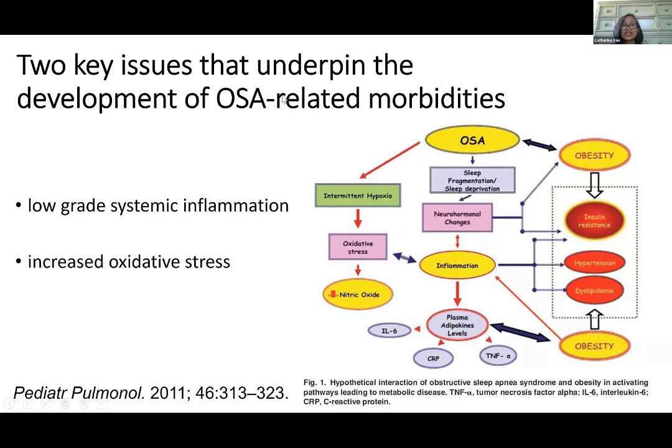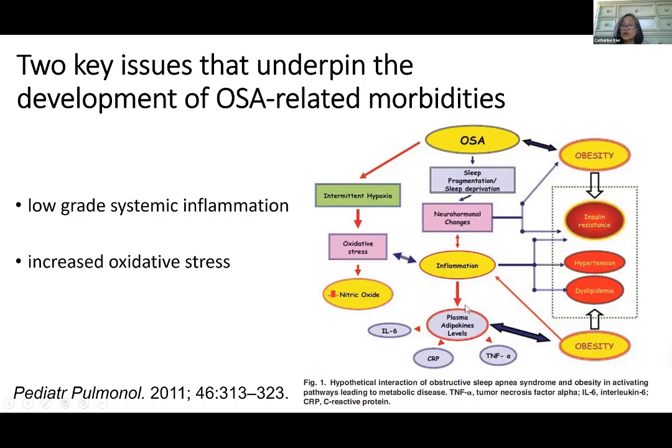So the two key issues that underpin the development of OSA-related morbidities are low-grade inflammation and increased oxidative stress. In OSA, the apneas and hypopneas lead to sleep fragmentation, which incites neurohormonal changes.